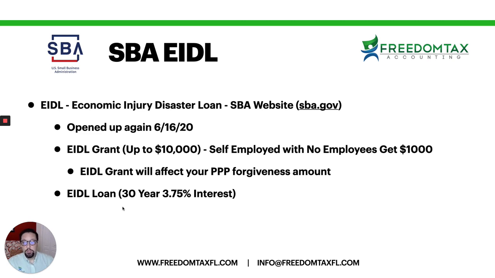You have to note that the EIDL program has two parts. It has the EIDL grant and it has the EIDL loan. It's one application for both. So the application that we're going to show you today is for the EIDL loan, and inside that application, you can choose if you want the grant or not.